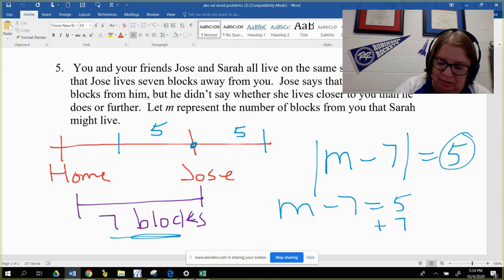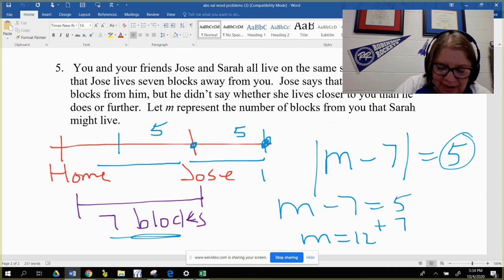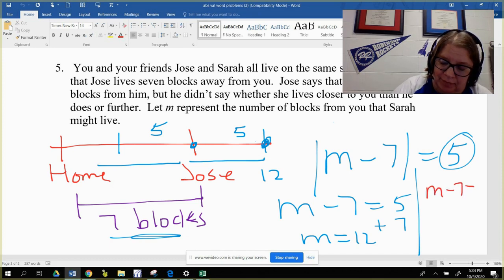Add the 7, and you get 12. Does that make sense? If she lives over here 5 blocks past Jose, there's 7 plus 5 more, that's 12. But what if she lives closer to you than Jose? Then that m minus 7 would be negative 5. And add the 7, and that would be 2.